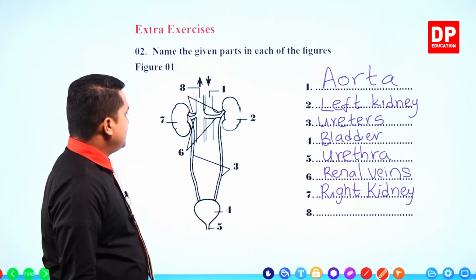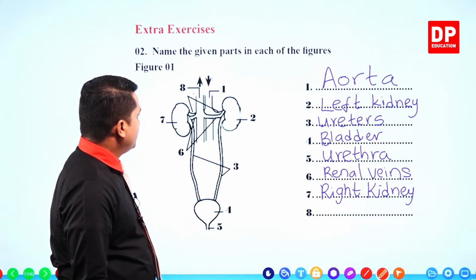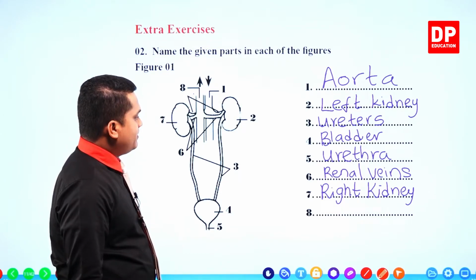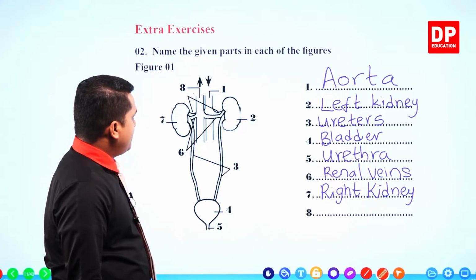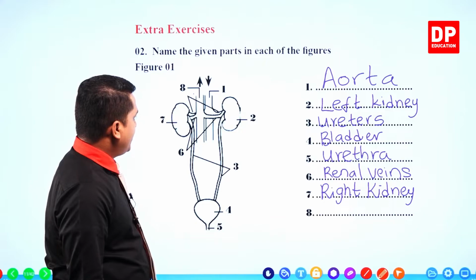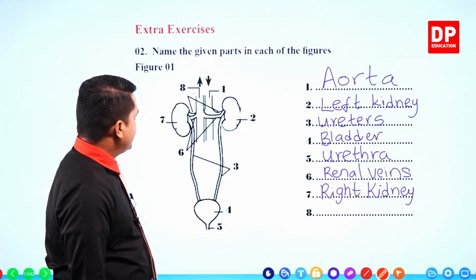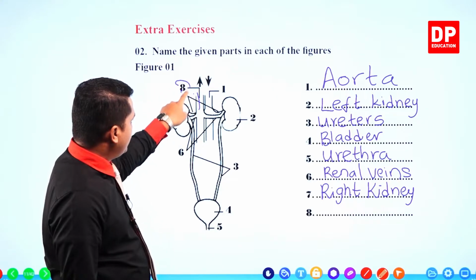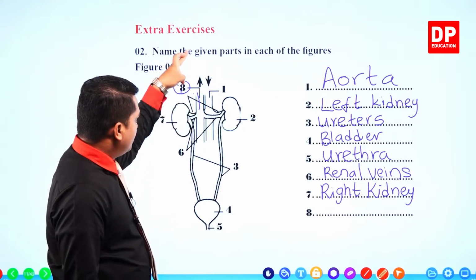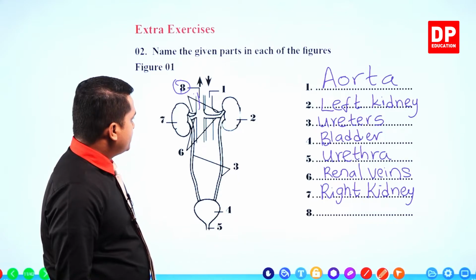Number 6, renal veins. Then number 7 we marked as the right kidney. Now number 8, see, this one is number 8, directing outwards.